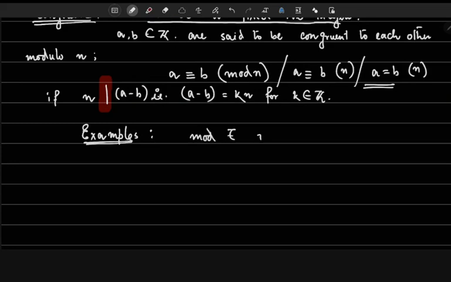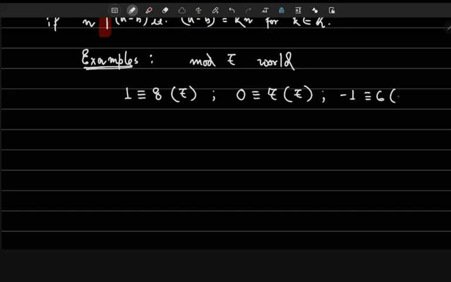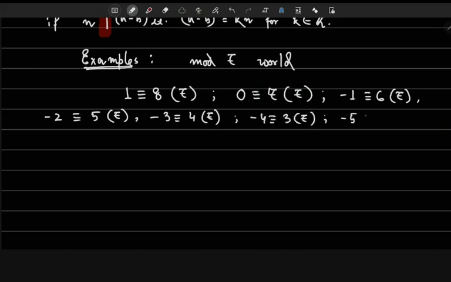In the mod 7 world, look very closely: 1 is congruent to 8 mod 7, 0 is congruent to 7 mod 7, minus 1 is congruent to 6 mod 7, minus 2 is congruent to 5 mod 7, minus 3 is congruent to 4 mod 7, minus 4 is congruent to 3 mod 7, minus 5 is congruent to 2 mod 7, and minus 6 is congruent to 1 mod 7.